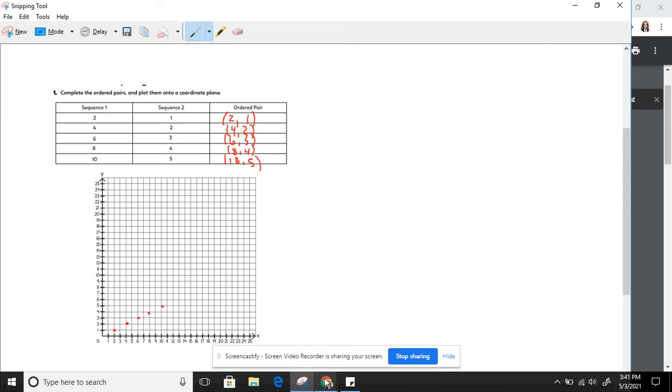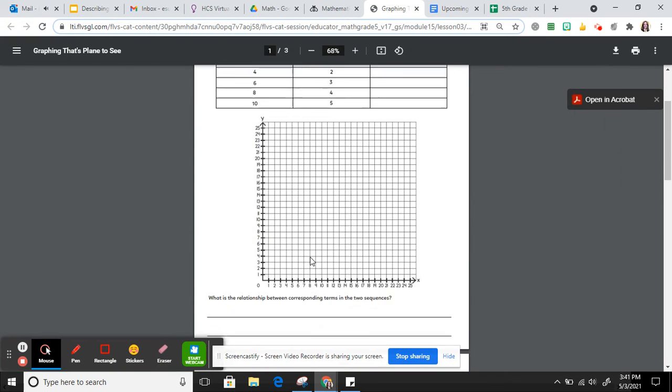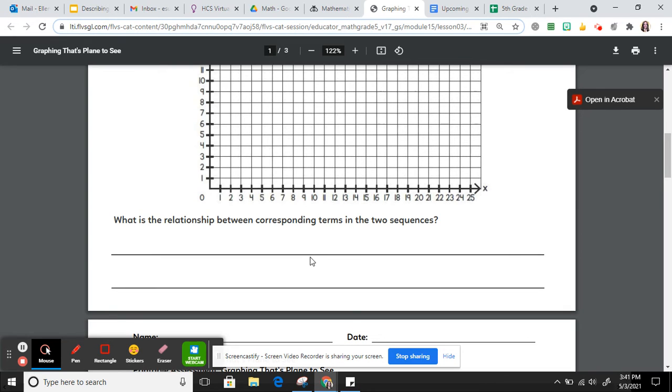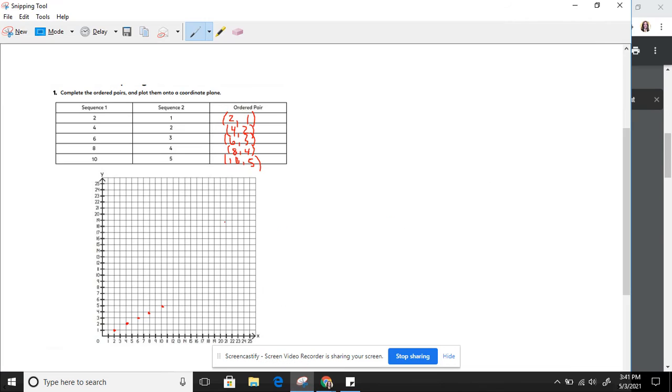But then I'm going to go back to the assignment here. You also have this question at the bottom. What is the relationship between corresponding terms in the 2 sequences? So we need to look at what are the relationships between sequence 1 and sequence 2. How are these 2 sequences related?